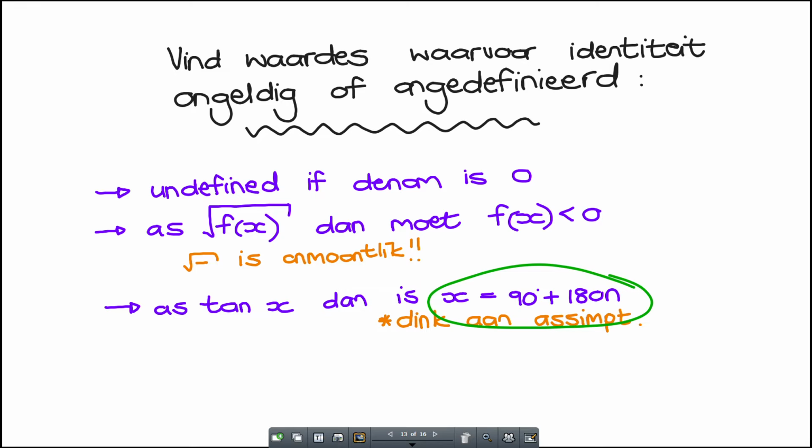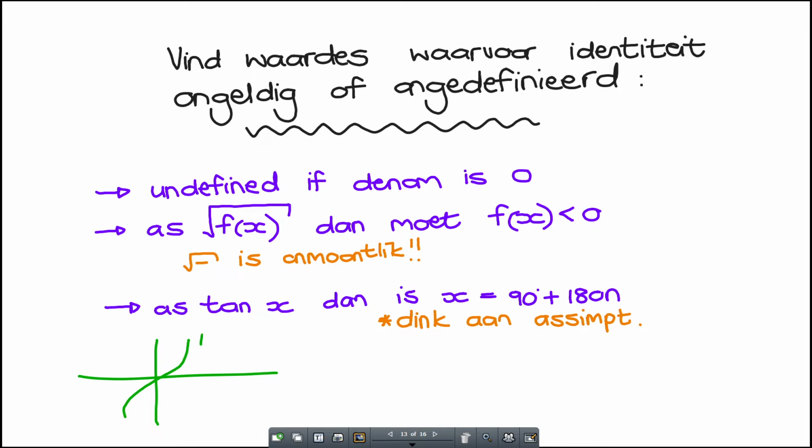As jy nou op jou sakrekenaar gaan indruk, tan 90. Your calculator gives you a math error. Hoekom? Want as jy gou dink aan jou tan grafiek, wat was hierso nou weer gewees? That's an asymptote.